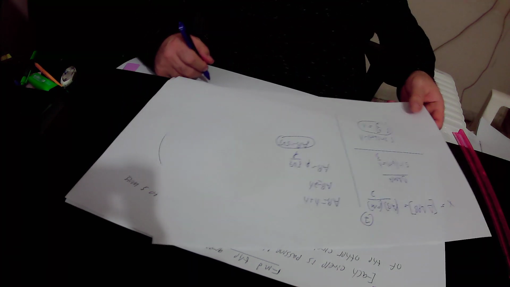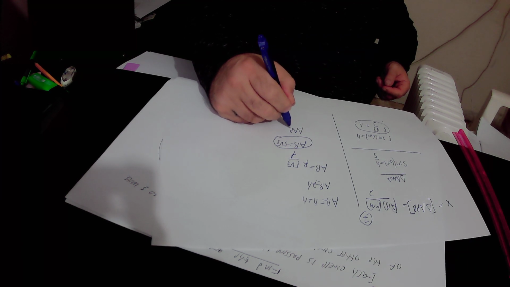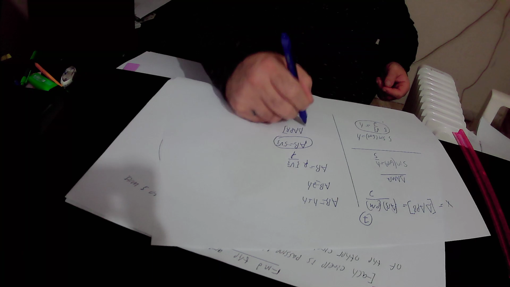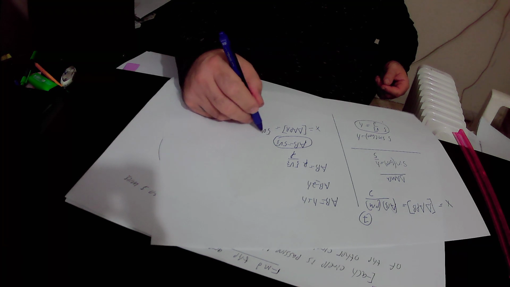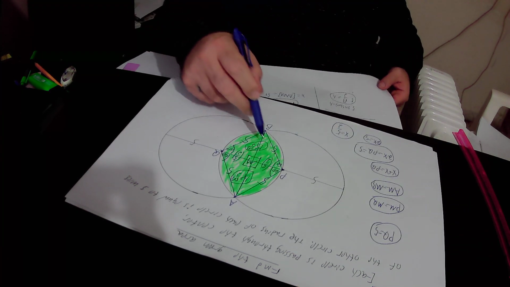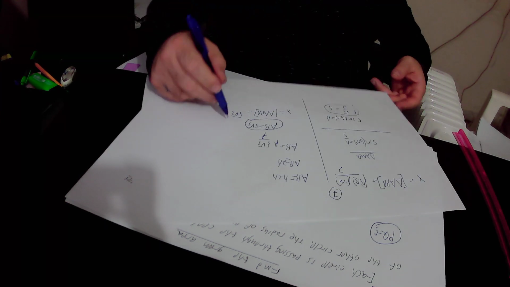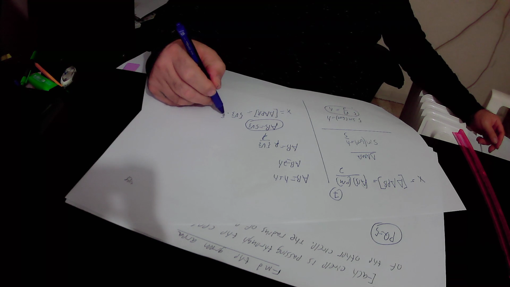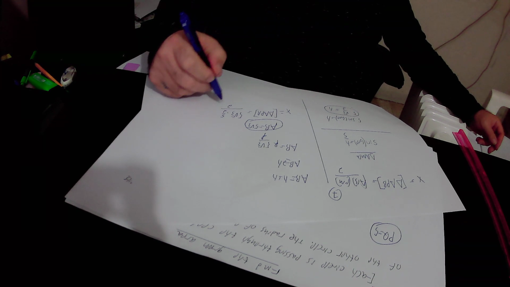Therefore, the area of triangle APB, that is equal to x, will be equal to AB, which is 5 times square root of 3, times PM, and PM equals 5 over 2, all divided by 2.